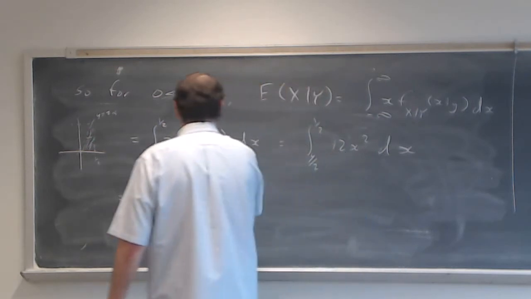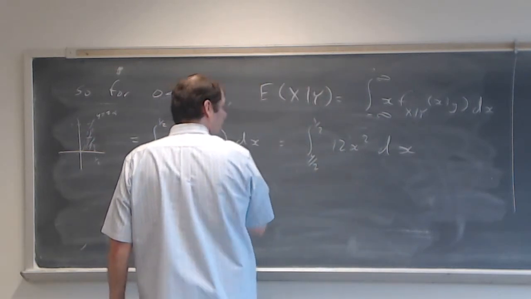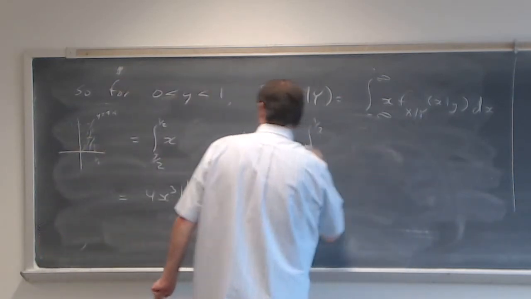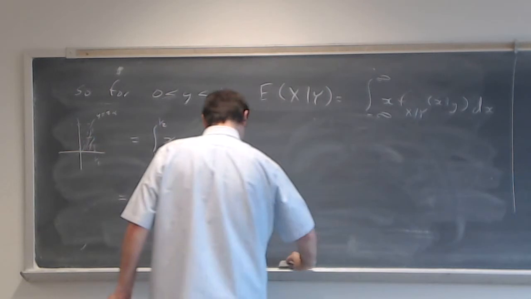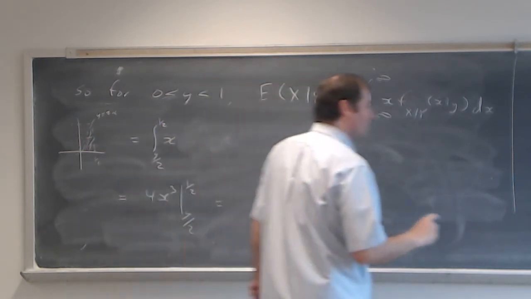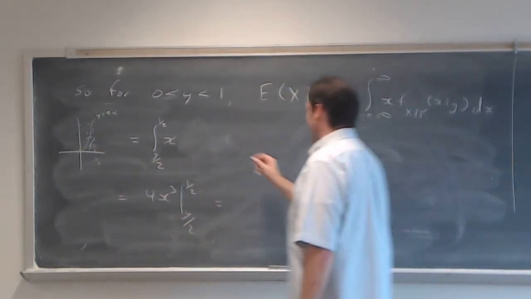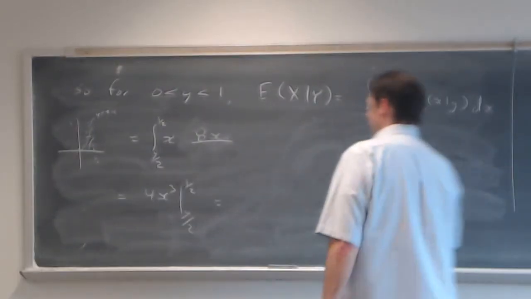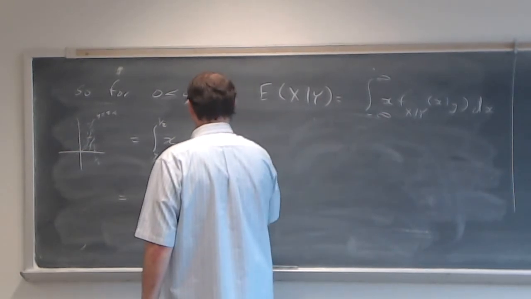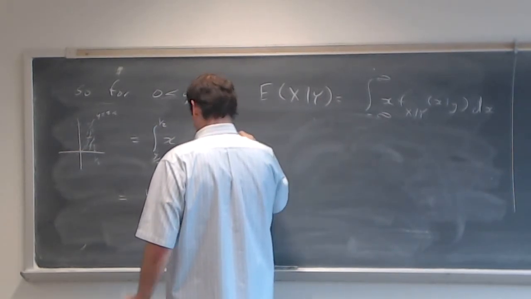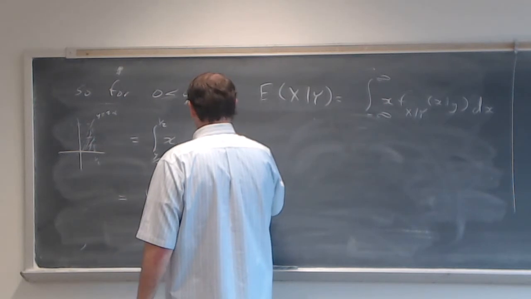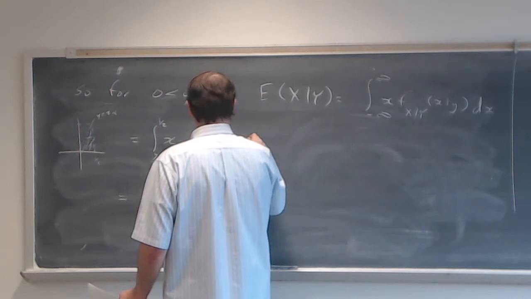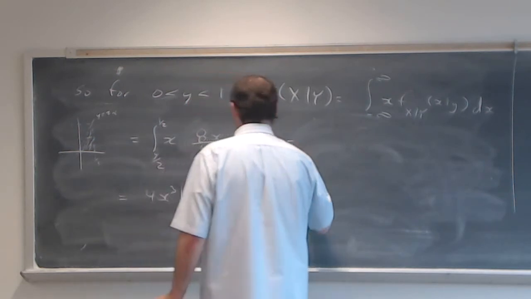It isn't 12x squared that I'm integrating. My limits, I think, are correct, but I should be integrating 8x over 1 minus y squared, and then dx. And so please make that change.